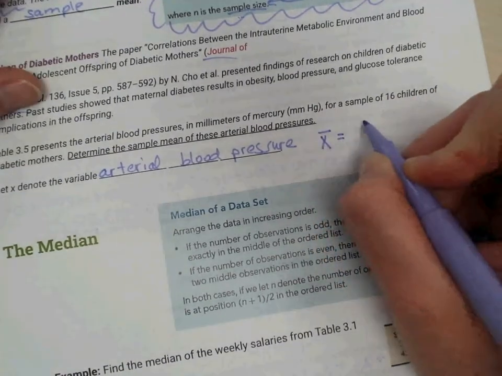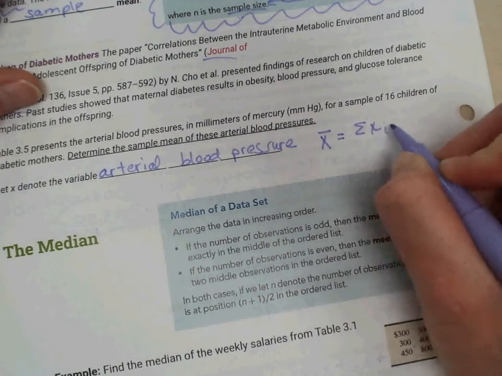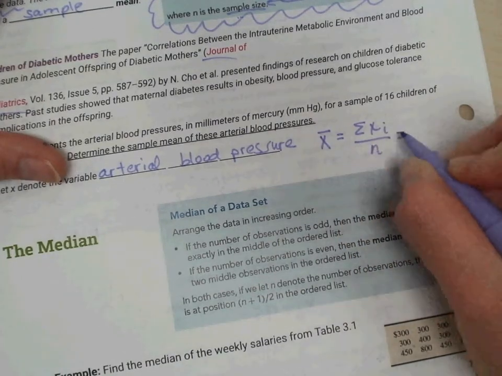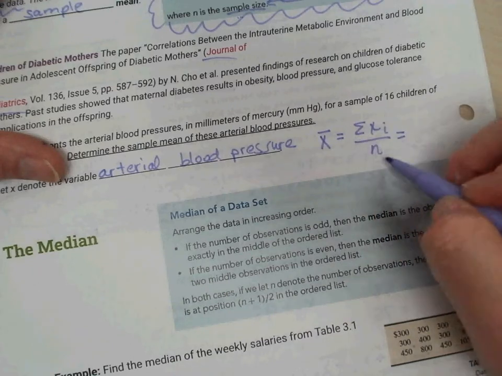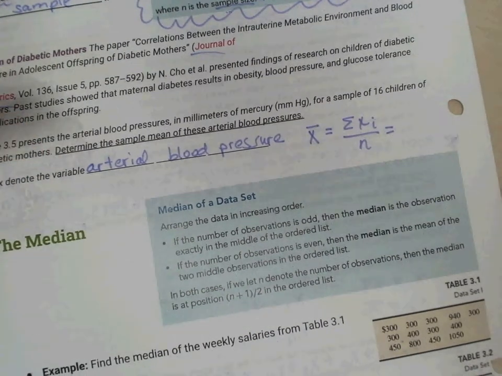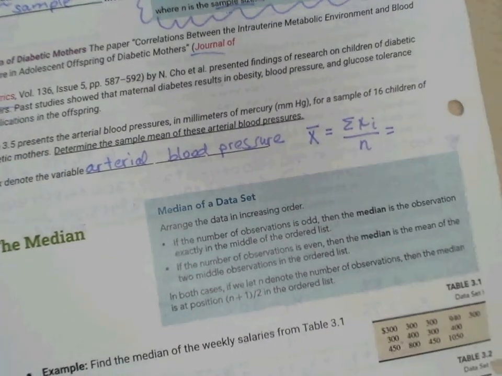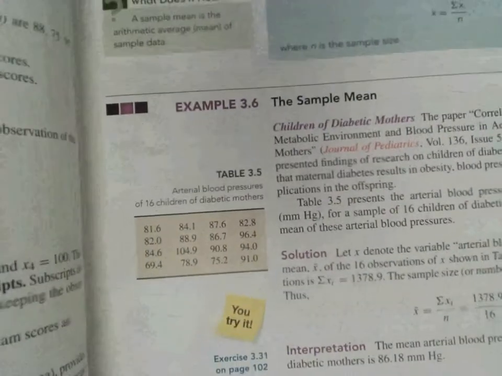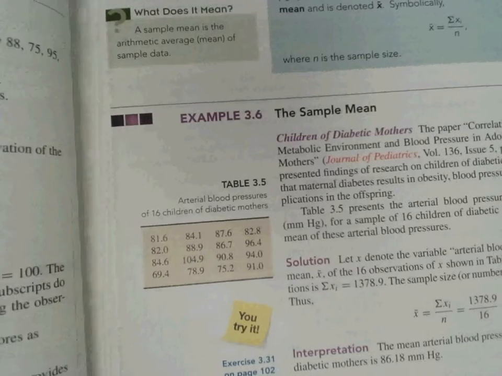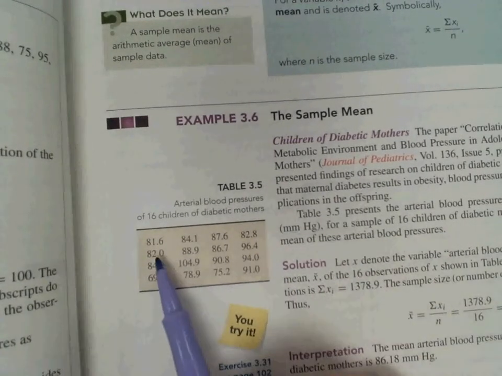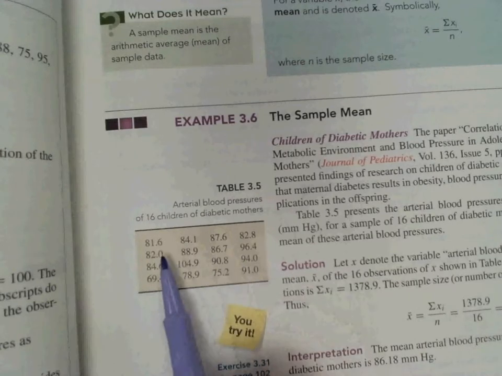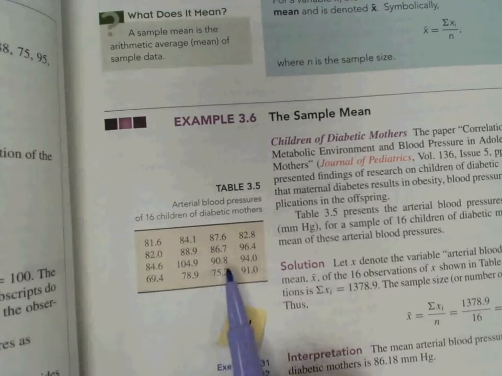x bar is equal to the sum of, so practice writing these in, the sum of all the x values divided by n. I'll share that with you just straight out of the book so you can catch a glimpse. This is table 3.5. You can see we're going to add up all of these arterial blood pressures from the 16 children.